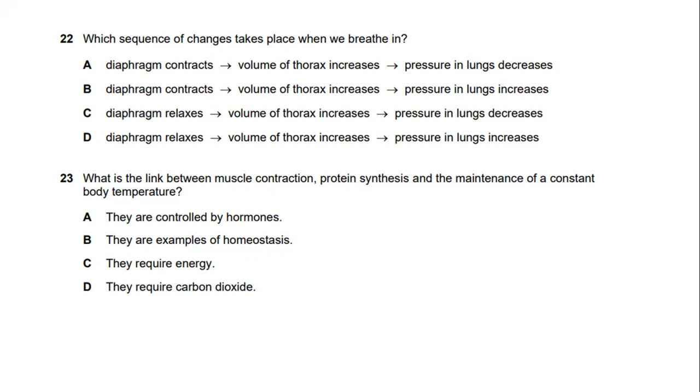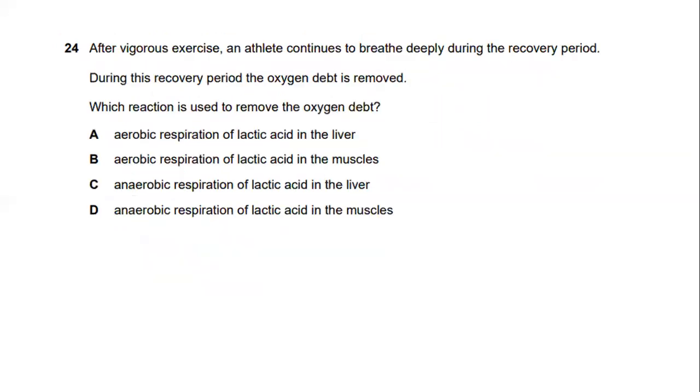Uses of energy in the body involve muscle contraction, protein synthesis, maintenance of constant body temperature, active transport, growth, cell division, and the passage of nerve impulses. So the answer is 23C.